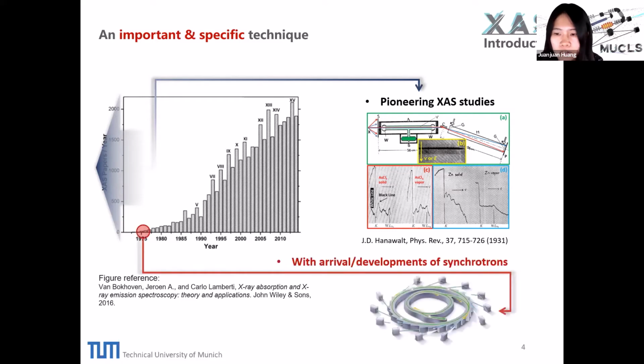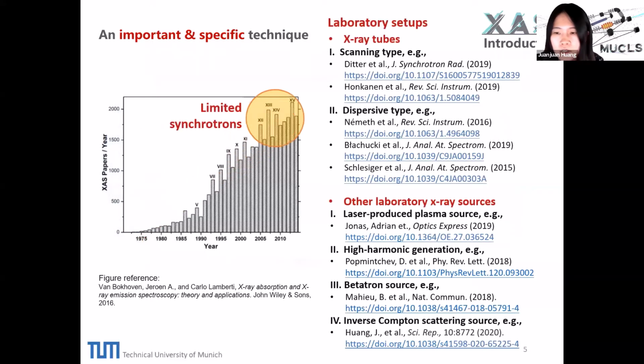However, it was only with the development of synchrotron radiation in the 1970s that this technique started to be widely applied to different scientific fields. Currently, most XAS is carried out at synchrotrons. Therefore, the number of papers related to XAS could be even higher if we had more synchrotrons or other facilities where this technique can be done.